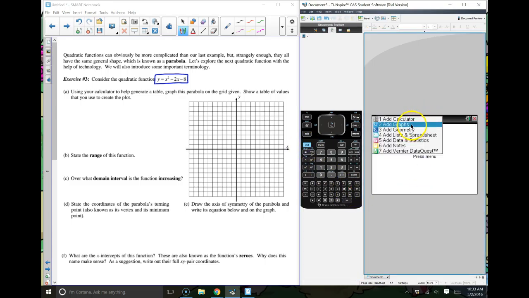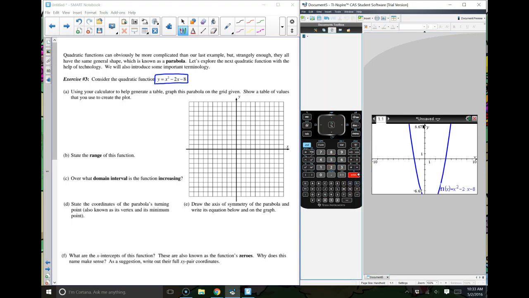I'm going to add a graph because I'm going to type in my equation. So I've got y equals x squared minus 2x minus 8. I'm going to type in x squared minus 2x minus 8, and I'm going to hit enter on my calculator, and there I'm going to get the picture of what my graph looks like.